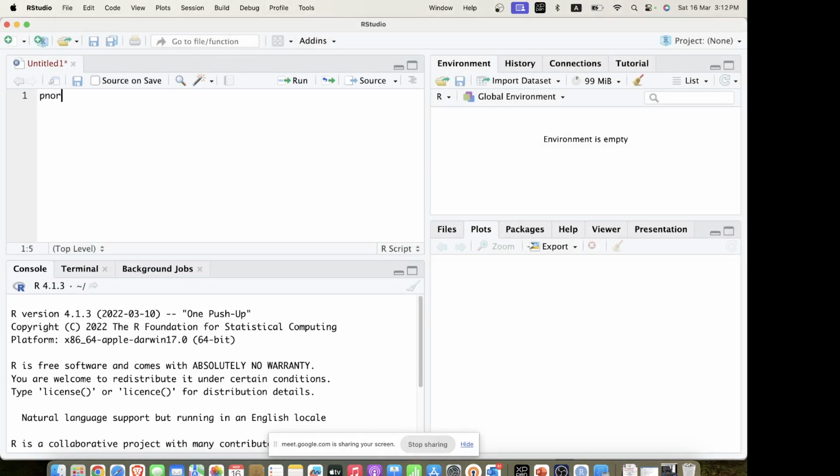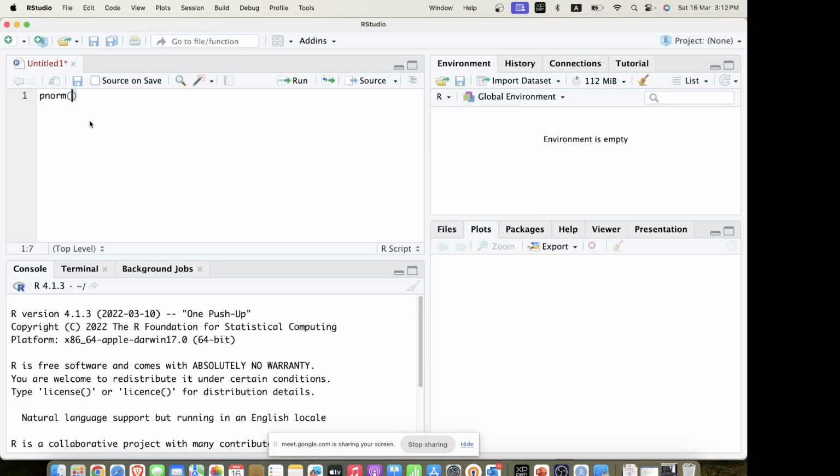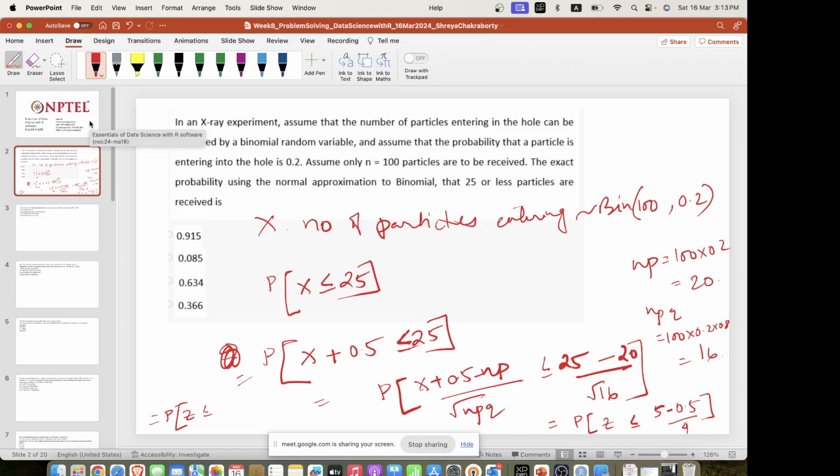This should be pnorm 5 minus 0.5 divided by 4. Okay, 0.869, but it's not there.